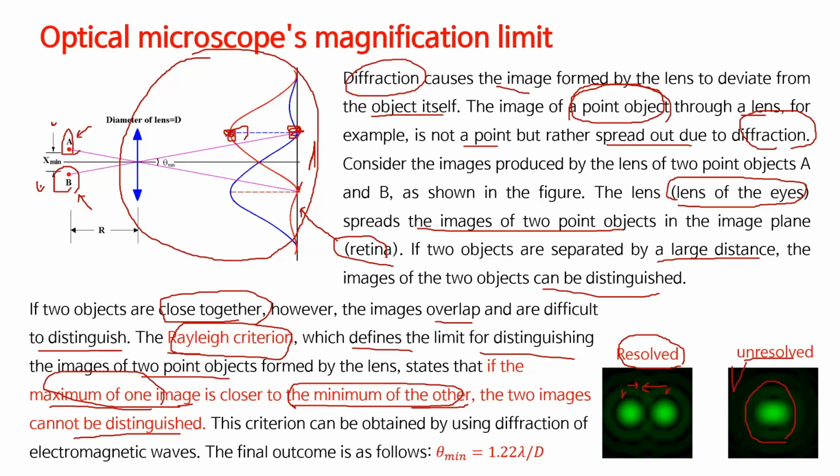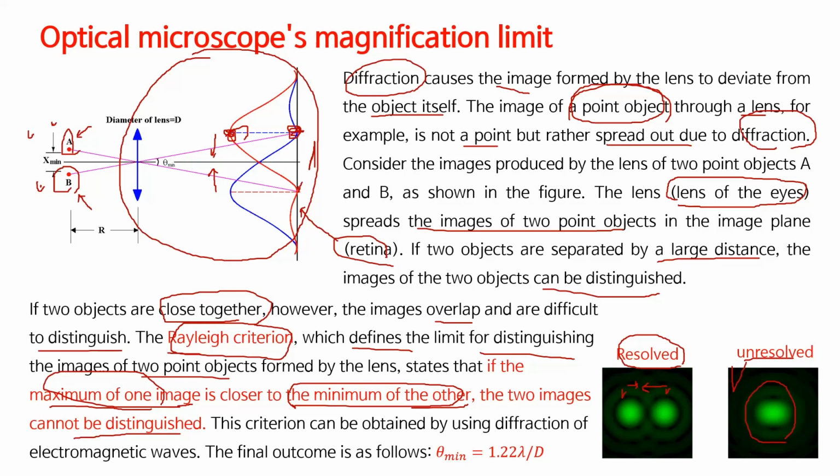And if we bring them closer than this point, then the images get closer and we cannot distinguish these two objects.